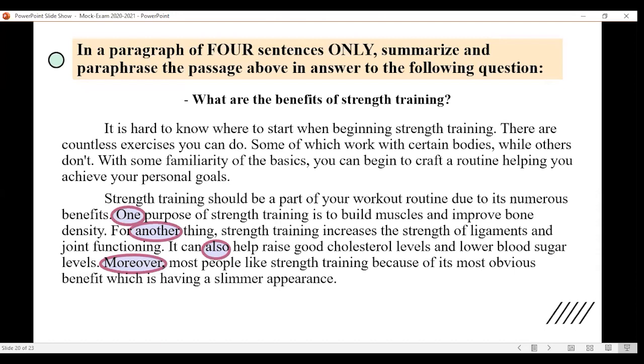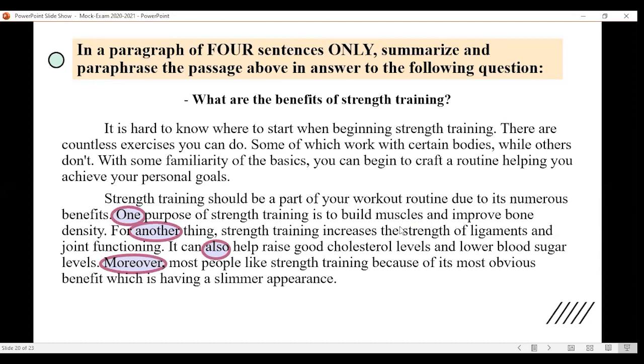What does improve mean? I think to build, to develop, to make better. What can I use? I need another synonym. For example, improve means to make better. So when I write my answer I paraphrase: one purpose of strength training is that it, for example, strengthens muscles instead of build, or instead of muscles I can use bones.